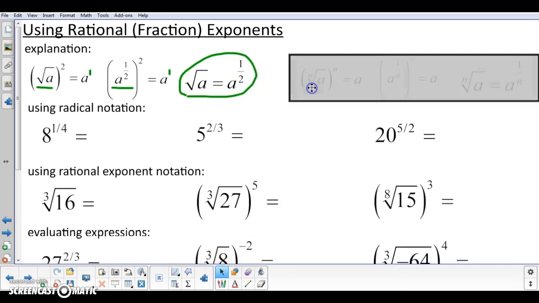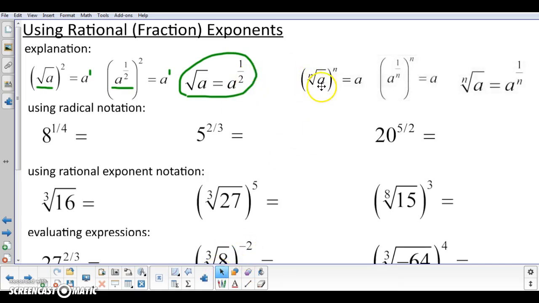In general, if I have the nth root of a raised to the nth power, it ends up becoming a to the first power. Or if I have a to the 1/n power raised to the nth power, I multiply those exponents together and I get 1, so I get a to the first here as well. So that must mean, again, that the nth root of a and a to the 1/n power must be equal to each other.